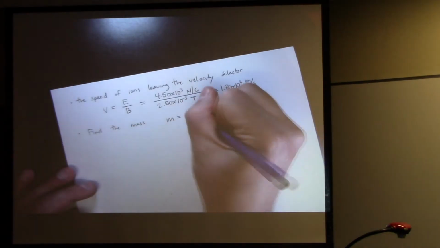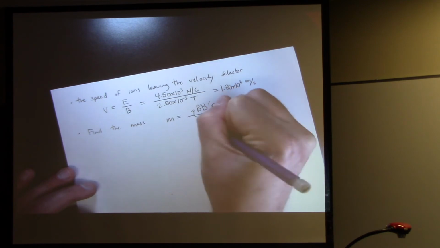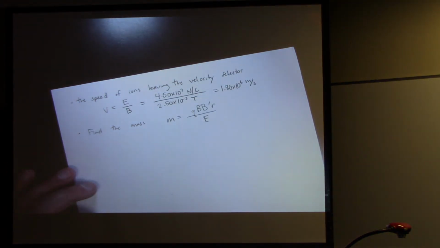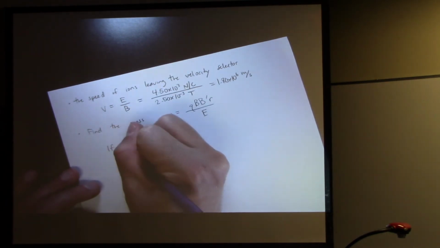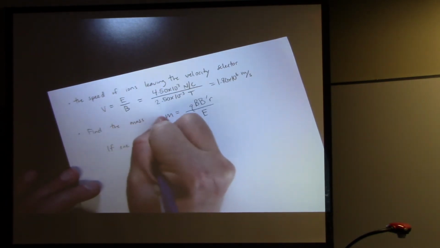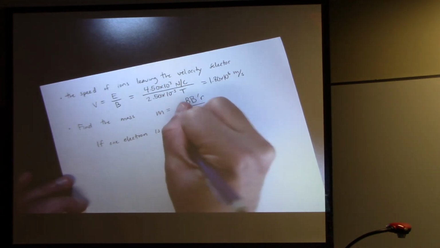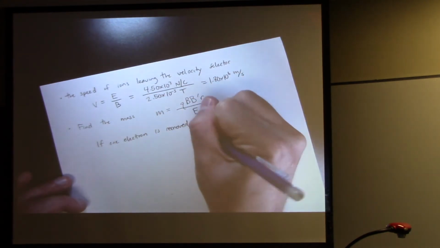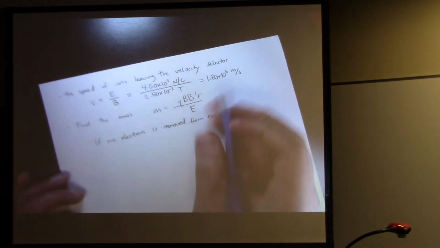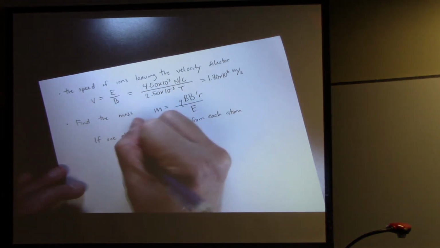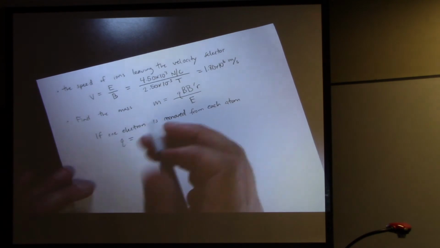It's going to be Q times B prime times R divided by E. And let's just take note that if one electron is removed from each atom, and remember that an electron has a charge of negative 1.6 × 10^-19 coulombs.